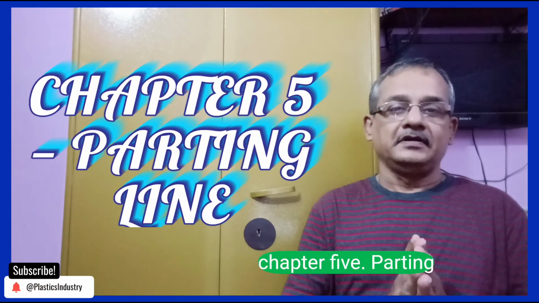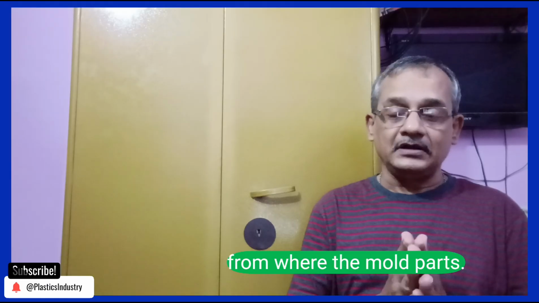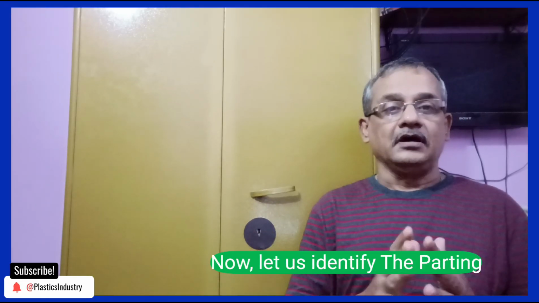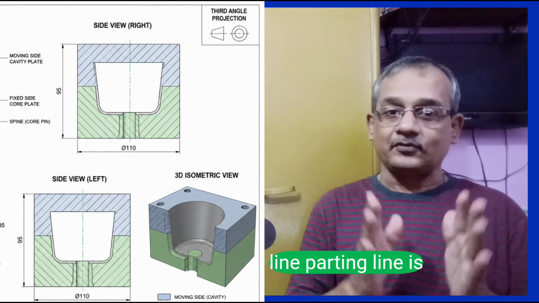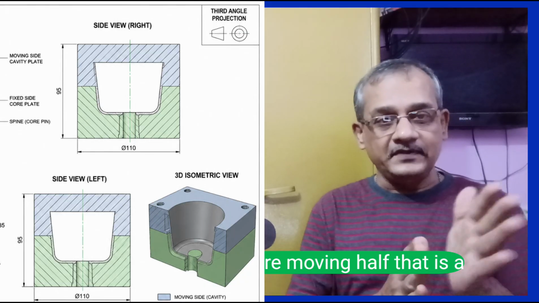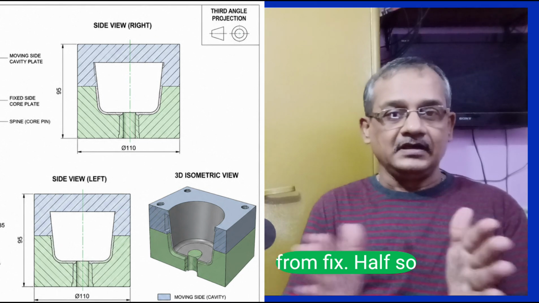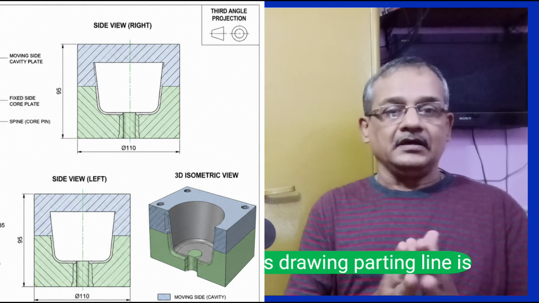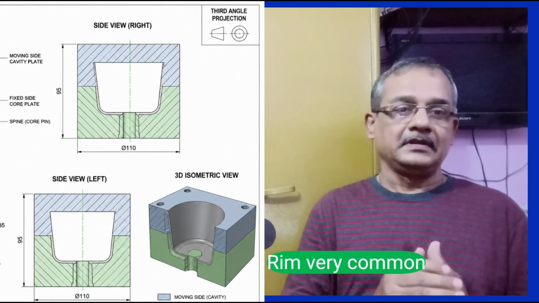Chapter 5. Parting line. This is very important, from where the mold parts. Now let us identify the parting line. Parting line is where the moving half separates from the fixed half. So in this drawing, parting line is at cup top rim.